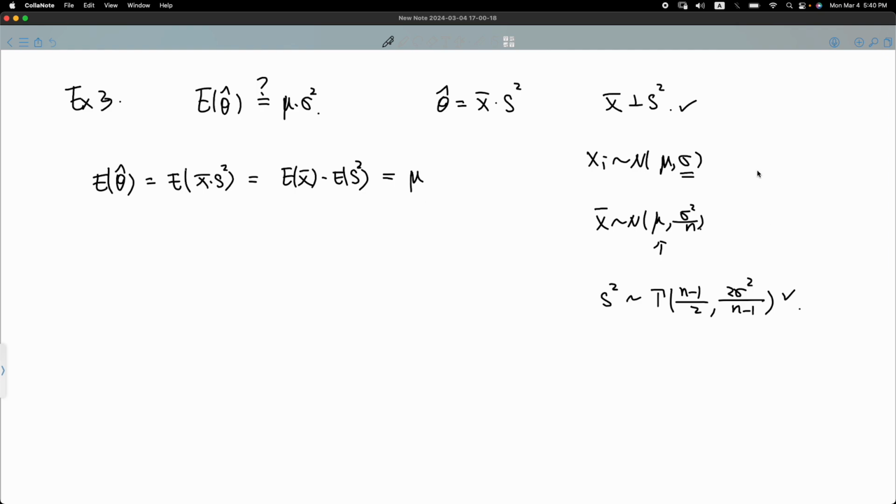This is fine, assuming you already know that. If it is already given to you, you can just directly plug in sigma squared; otherwise, you need to prove it. So the expectation of theta hat equals mu sigma squared.